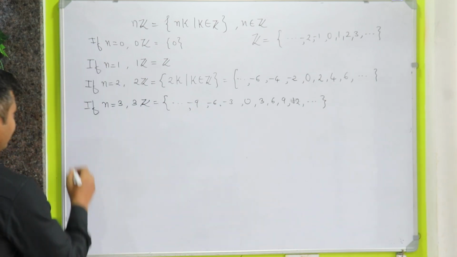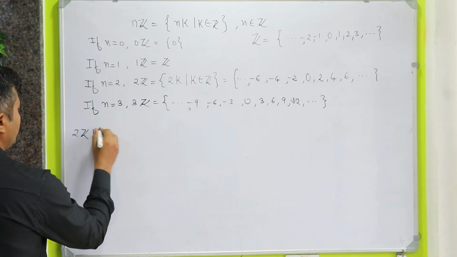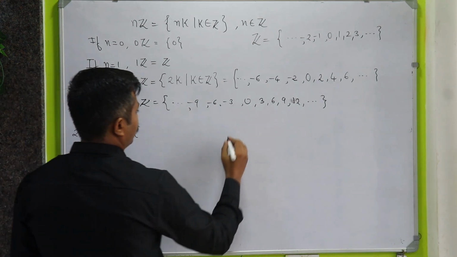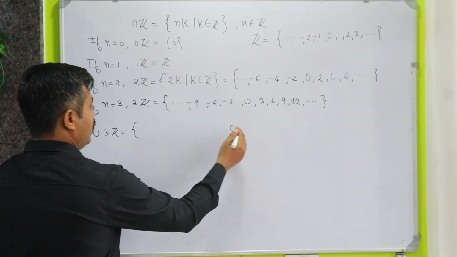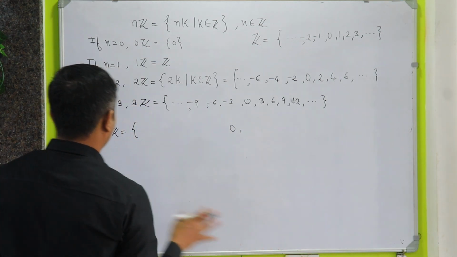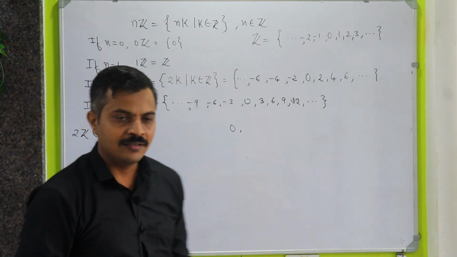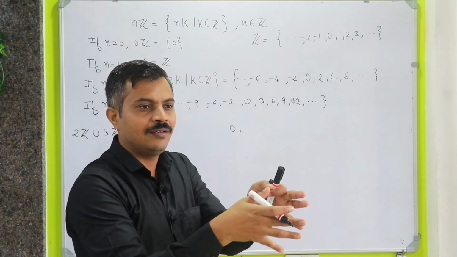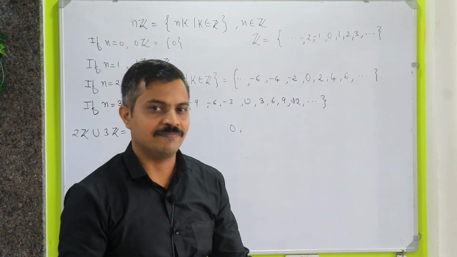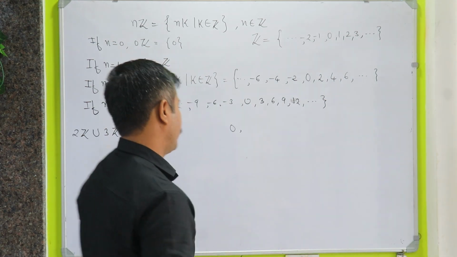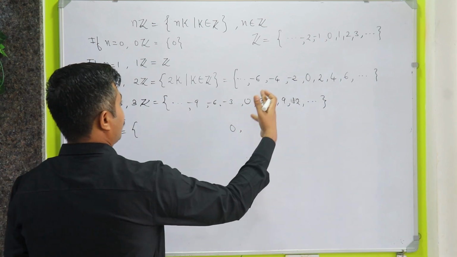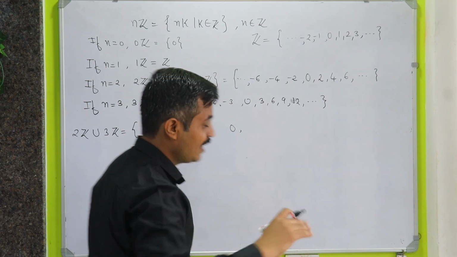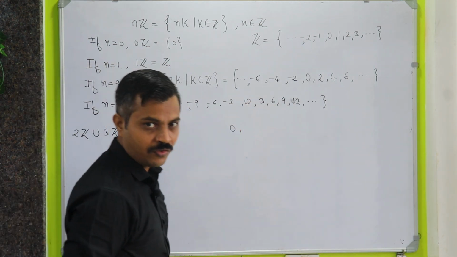So if I take 2Z union 3Z, then 0 will definitely be there, and we know 2Z union 3Z will contain elements of 2Z or elements of 3Z, right? So it will contain multiples of 2 as well as multiples of 3.